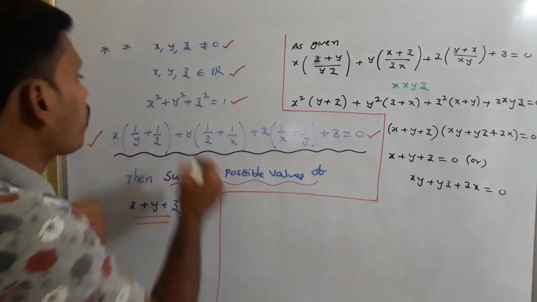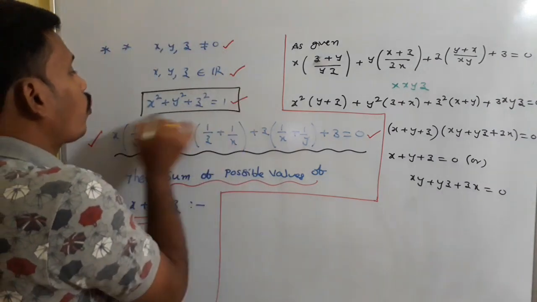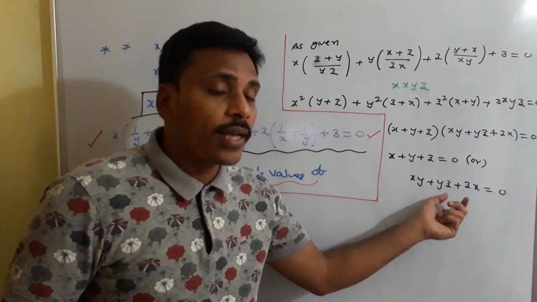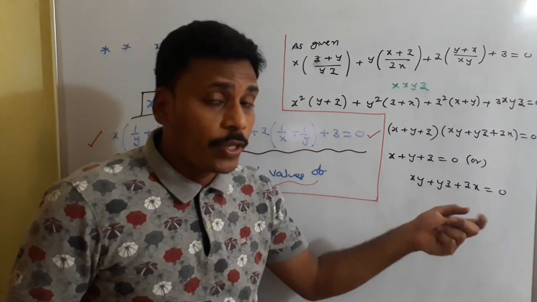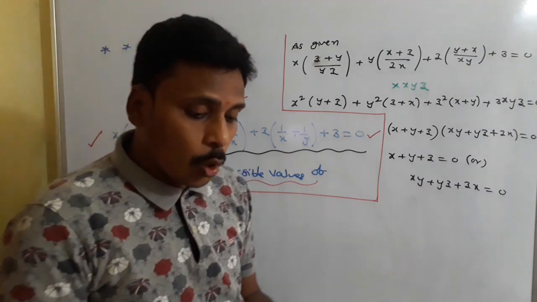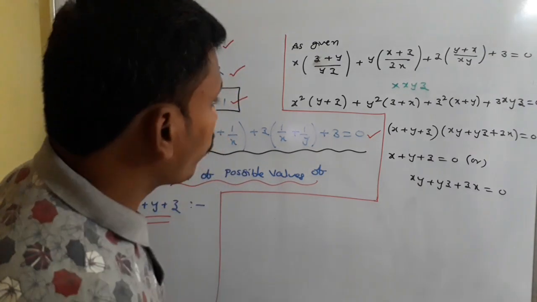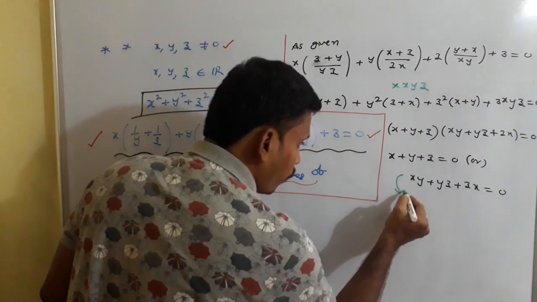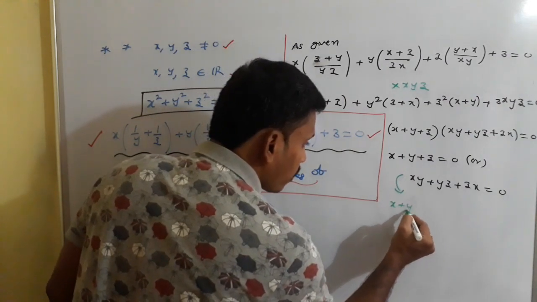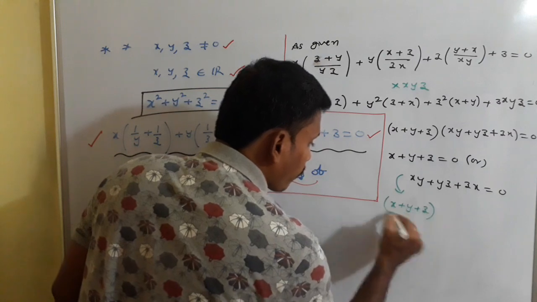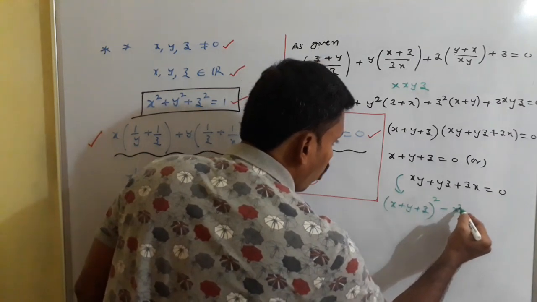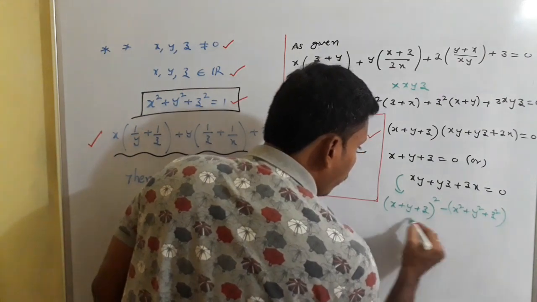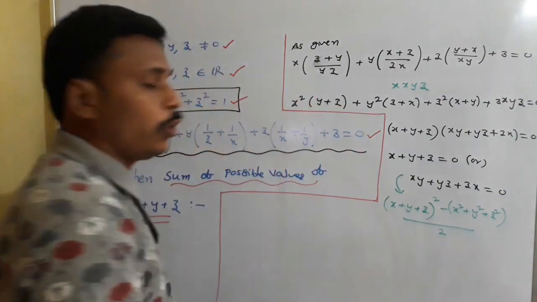Right? x square plus y square plus z square is equal to 1 is also given. Using that, I will express xy plus yz plus zx using the a plus b plus c whole square formula. I rewrite xy plus yz plus zx as x plus y plus z whole square minus x square plus y square plus z square, the whole thing divided by 2.